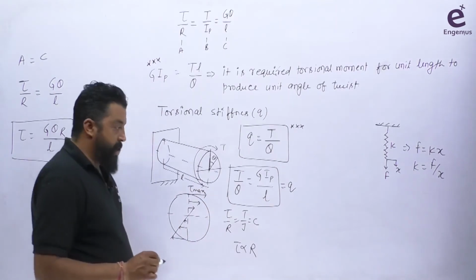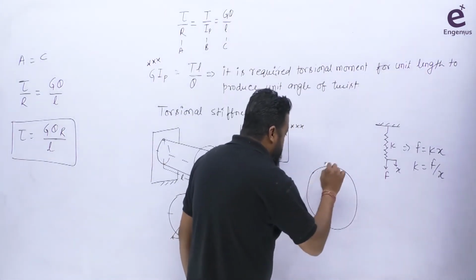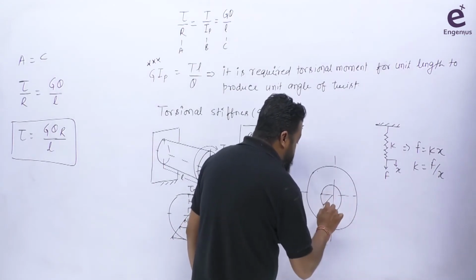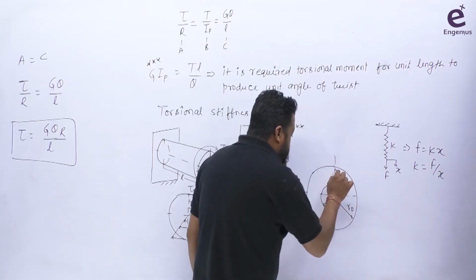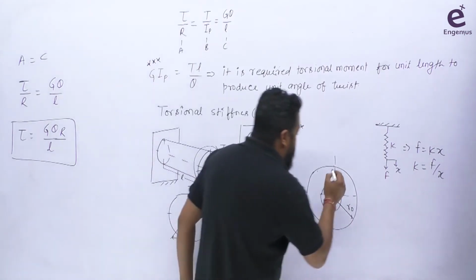Or if you try to draw the distribution over the hollow shaft, then in this case, let's suppose this is the Ri and this is the R naught. In that case, the distribution of the stresses will look like this one.